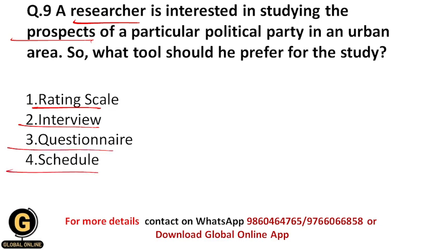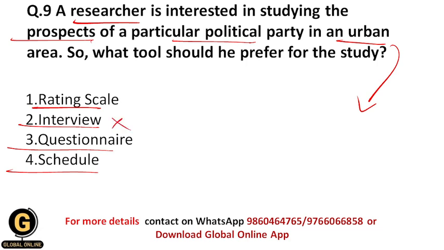So students, now here the researcher wants to study the prospects of a political party in an urban area. Taking all of these things into consideration, we can understand that an urban area includes a lot of population, so the researcher can't take interviews, right?